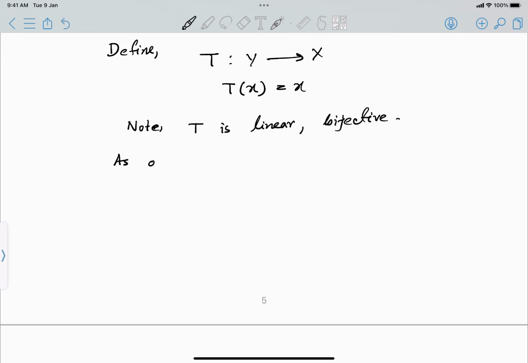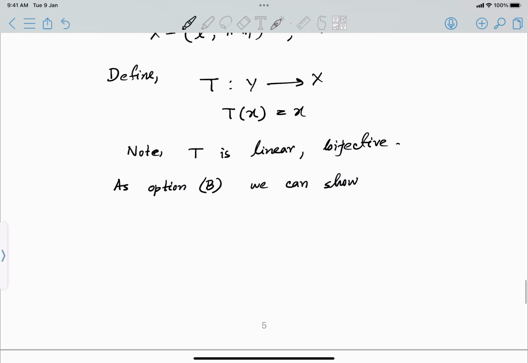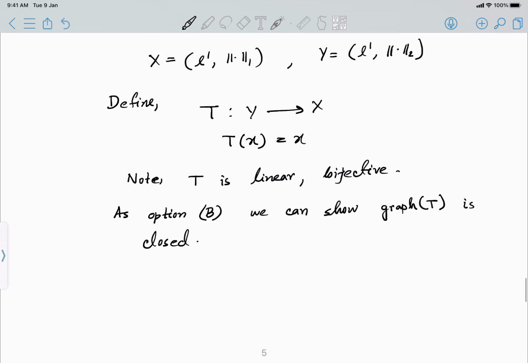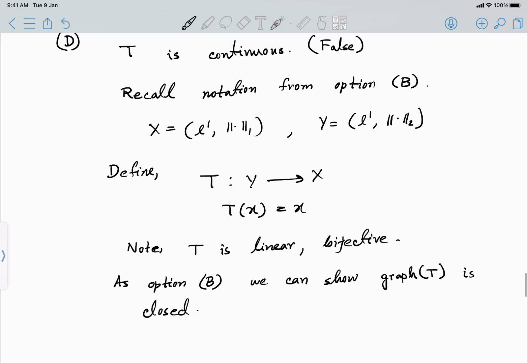As in option B, we can show, because this is also the identity map, that the graph of T is also closed. So this operator satisfies the hypothesis of our problem.